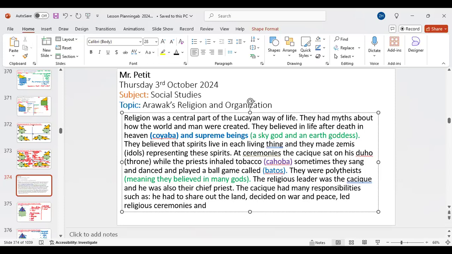And decided on fixed days of worship. And had the final say.